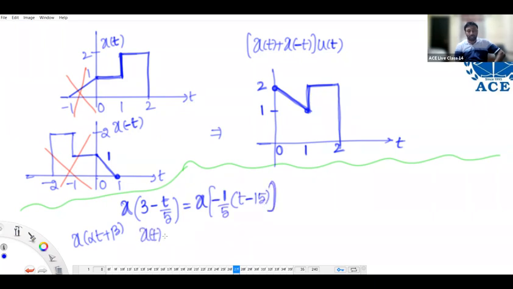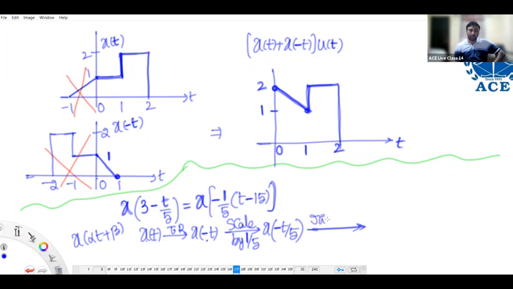First take x of t, reverse it to x of minus t, scale by 1 by 5, which means x of minus t by 5. First take x of t, reverse, scale by 1 by 5.